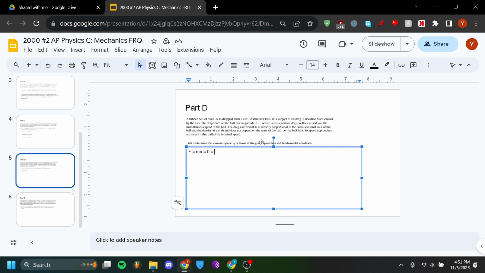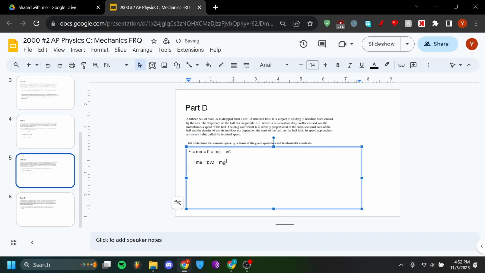So it was mg minus bv squared, equal to 0. Now we set them equal to each other: bv squared equals mg.